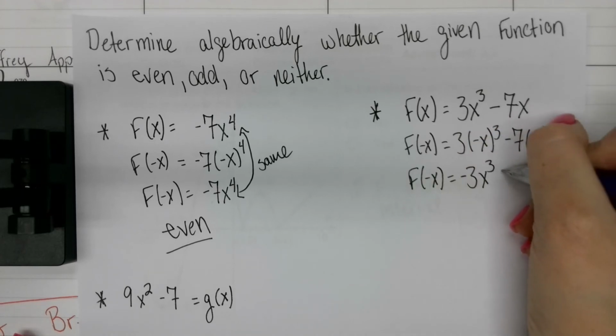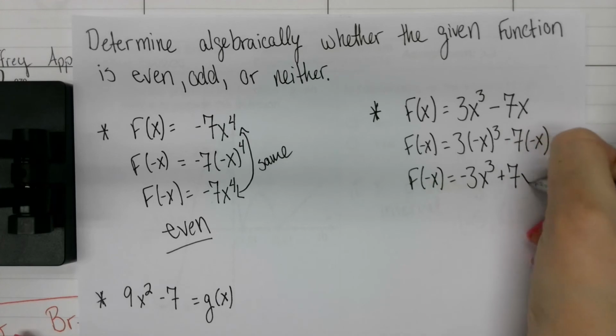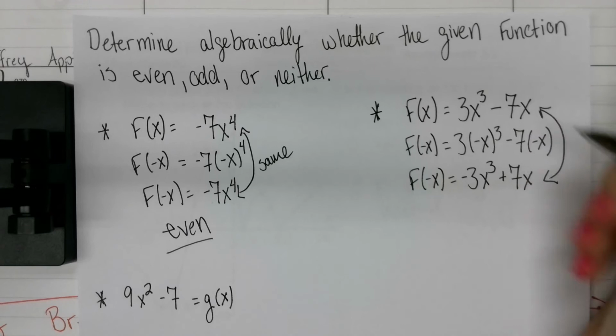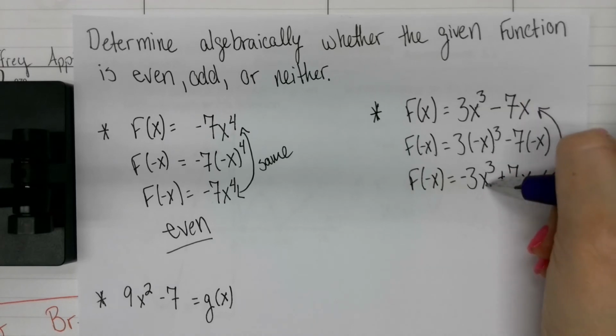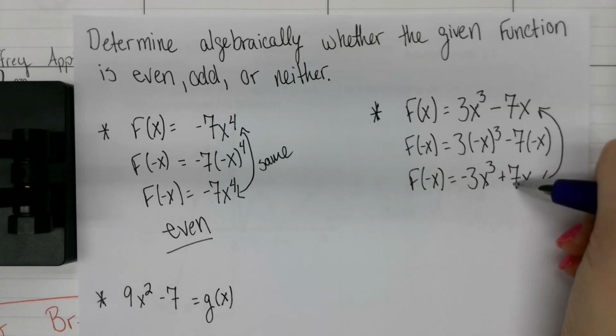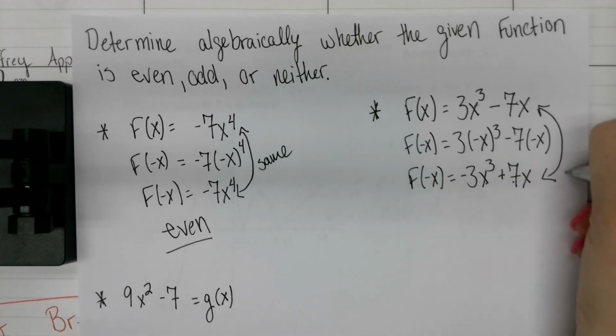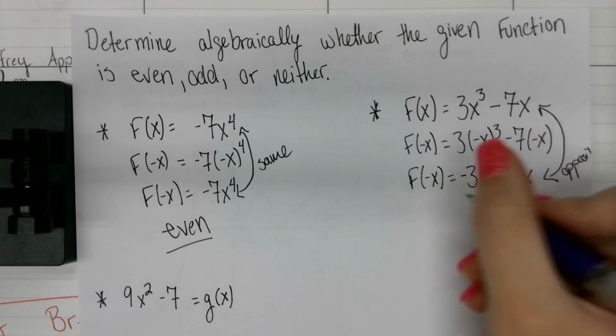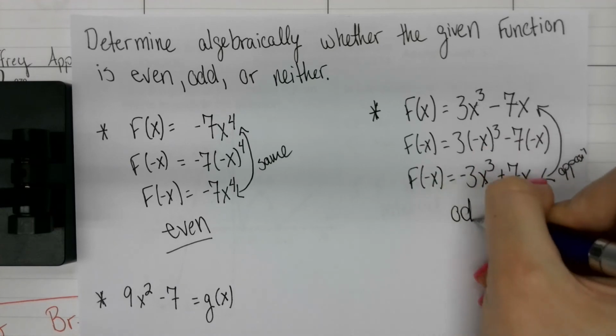Negative times negative is positive 7x. When I compared these two, this was positive, now it's negative. This was negative, now it's positive. This would be opposites. So it is odd.